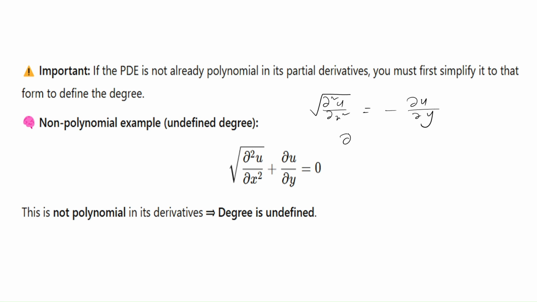Then in the left hand side ∂²u/∂x² and in right hand side (∂u/∂y)². Here the highest order derivative is ∂²u/∂x² and the power of this highest order derivative is 1. So the degree of this PDE is 1.